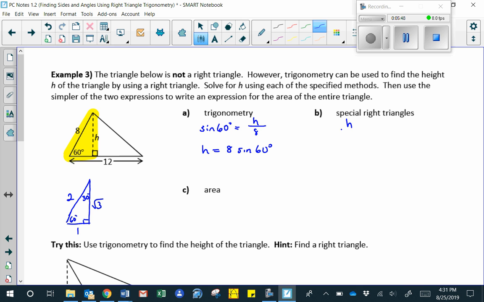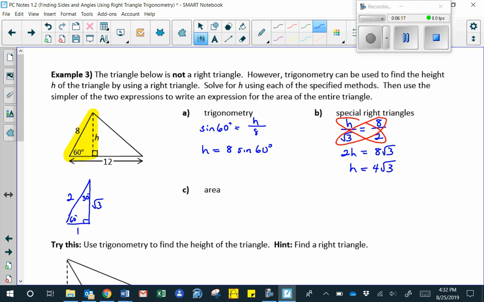So h corresponds to the side that measures square root of 3 in the other triangle, and 8 corresponds with the side that measures 2 in the other triangle. Cross multiplying, we have 2 times h is equal to 8 times the square root of 3. Dividing both sides by 2, h is 4 times the square root of 3.